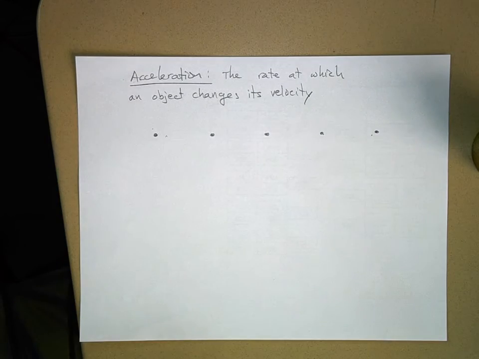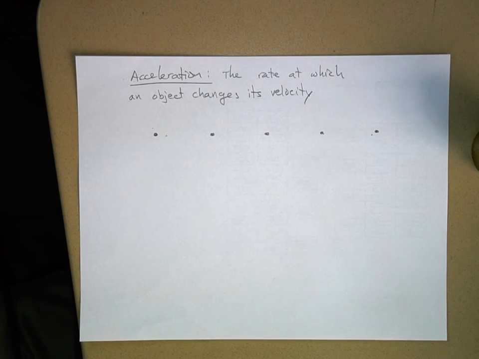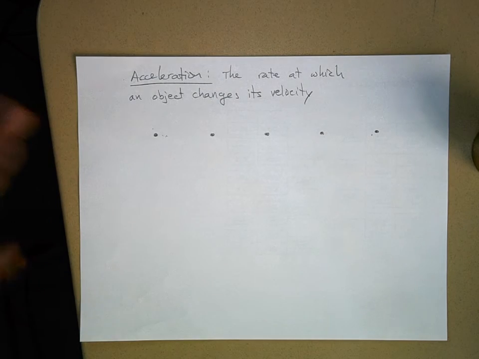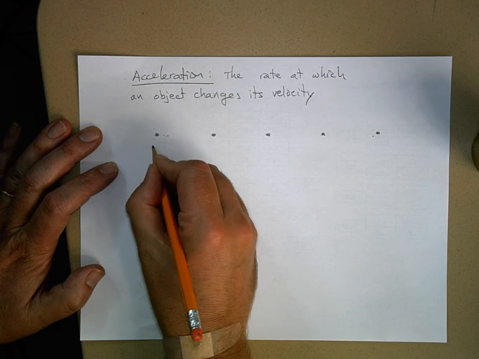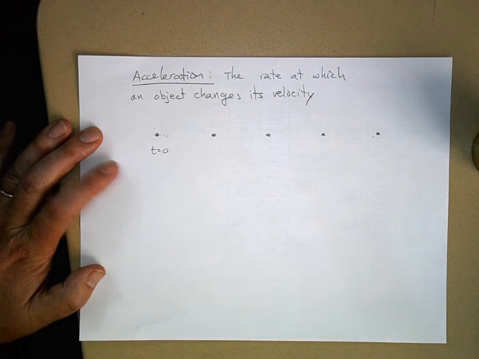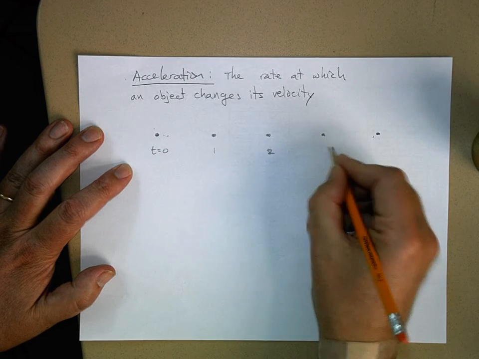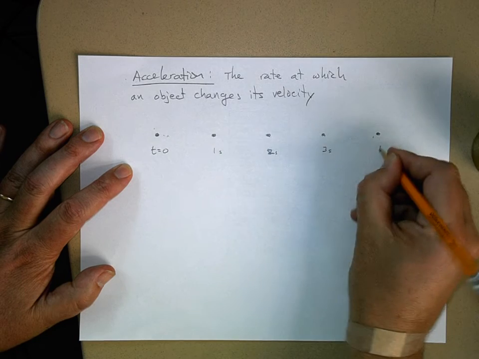Somebody's walking along the sidewalk or something. This dot represents that something, and it's moving. Let's say this is t for time equals 0, and then this is 1 second, 2 seconds, 3 seconds, 4 seconds.